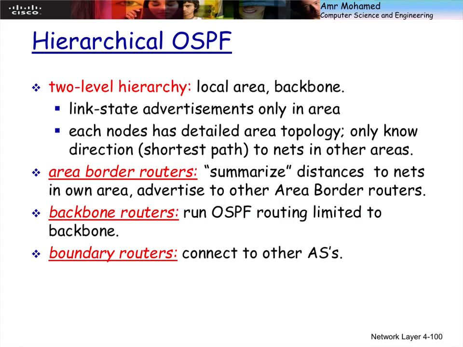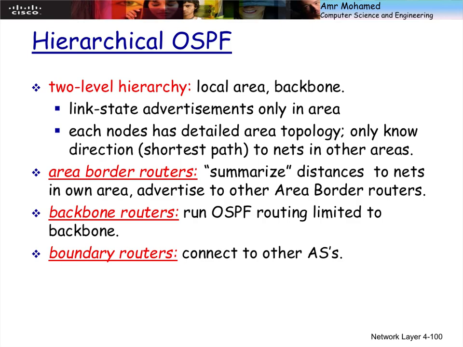Okay. And there is the area border router, which summarizes these distances to the network in its own area. So the area border router interfaces this area with the backbone.